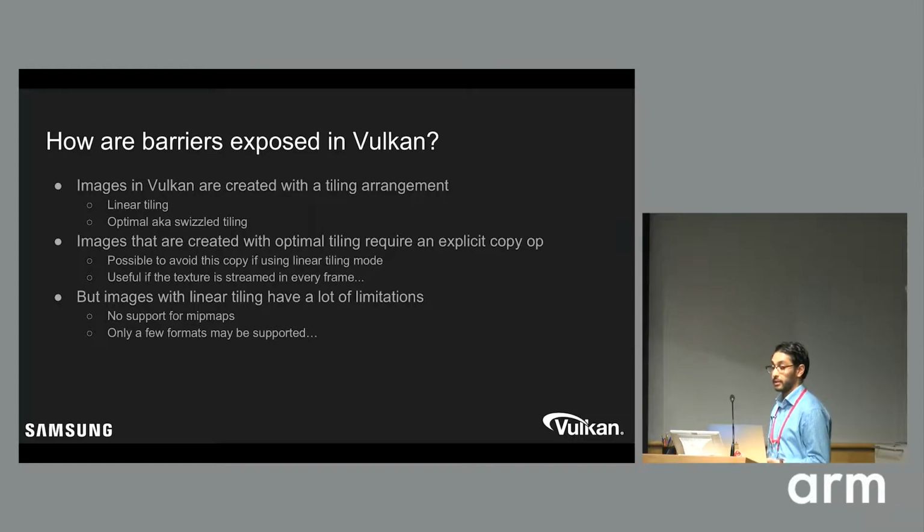But the downside is if you're using an image with linear tiling, then you're losing out on performance. There's no support for mipmaps. And in terms of formats, there are a lot of limitations, so you've got to make sure that your GPU supports what you want to do if you're using linear tiling. So generally, we recommend to go with optimal.